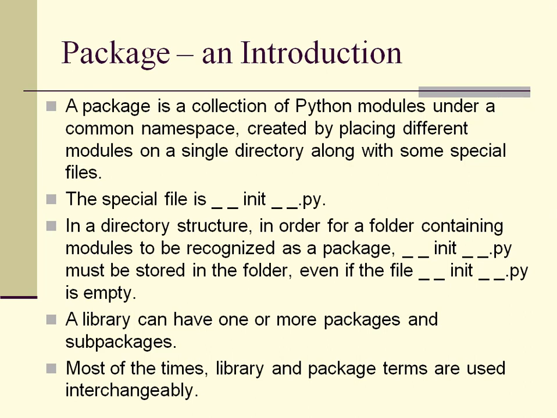Functions. Collection of functions becomes module. Collection of modules becomes package, and the collection of packages becomes library. Clear? So library, under it we will be having packages or sub packages, and inside those we will be having modules, and inside those modules we will be having the basic entity, that is functions. Functions are the basic building blocks.